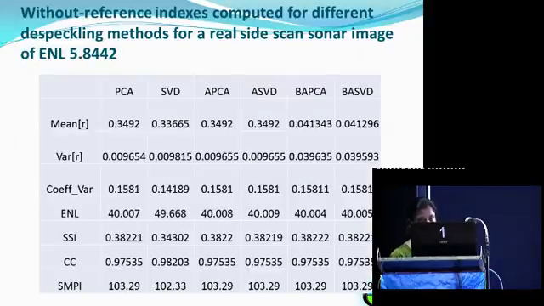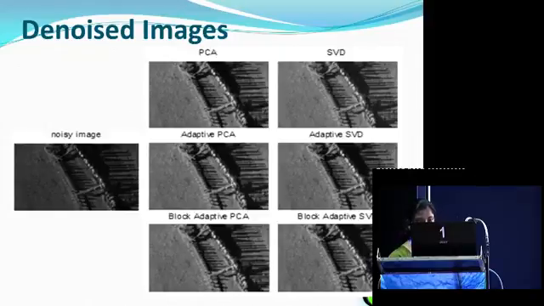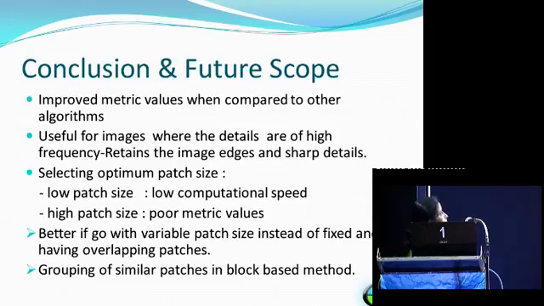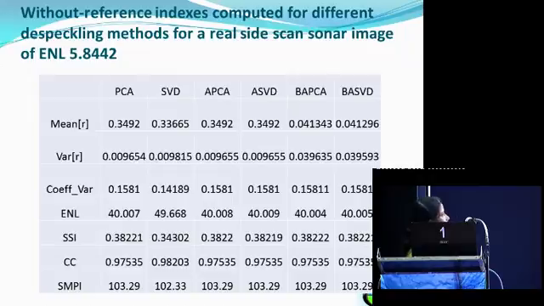So for the real side scan sonar image taken here, the noise image, I got the equivalent number of looks for its observed image as 5.842, and I have done the analysis with PCA. The first two columns show the PCA and SVD applied to the whole image.